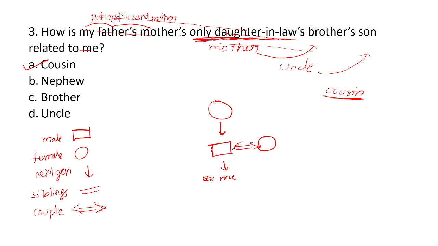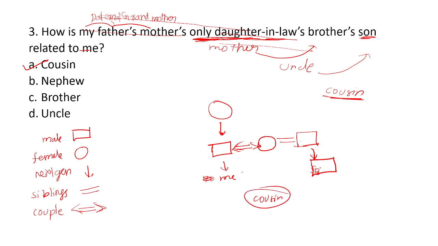So wife, now a double arrow. And she is nothing but my mother. My mother has a brother. So siblings, I'm going to use equal-to, and brother, a male person, a box. This brother is married and has one son. Clear? So the son is a male person. Now he's asking how this person is related to me. Mother's brother is uncle, uncle's son is cousin. I hope you got these relations.